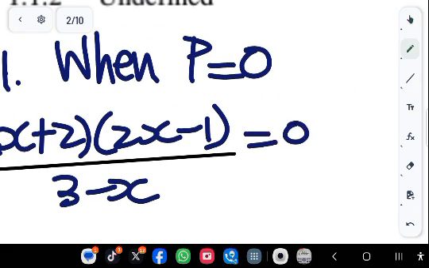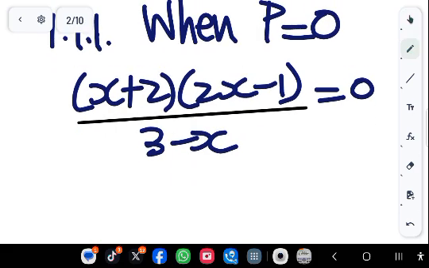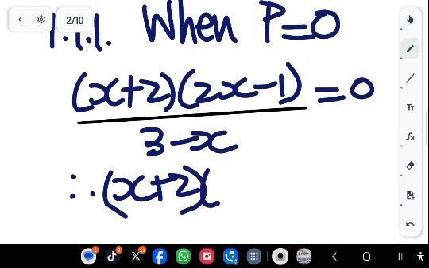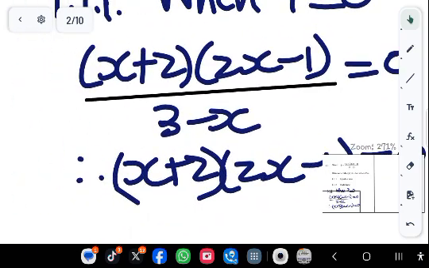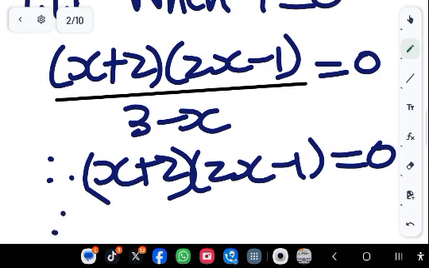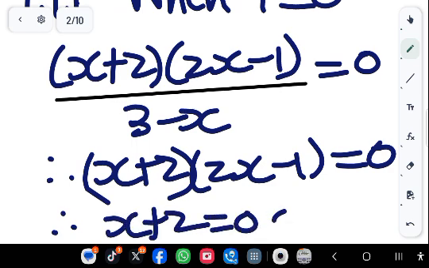Now what you do is you cross multiply, so therefore this will be equal to 0. Now you solve like you would any equation. So that will be x + 2 = 0 or 2x - 1 = 0.